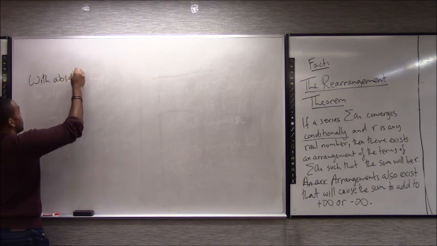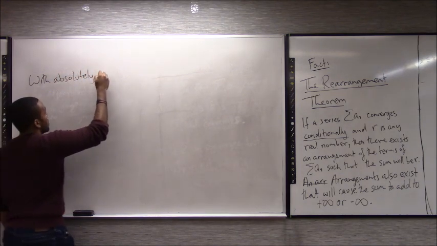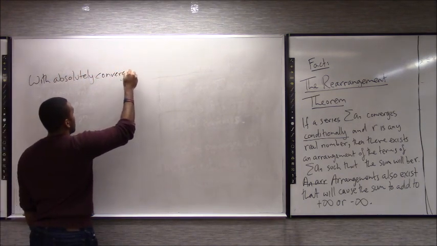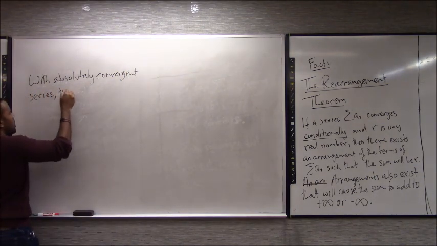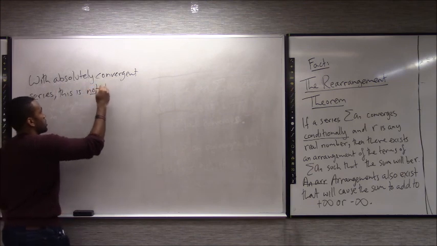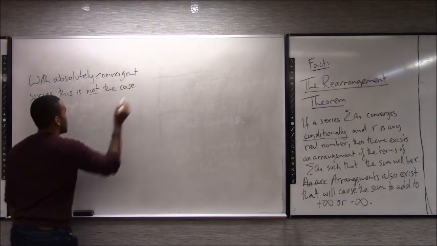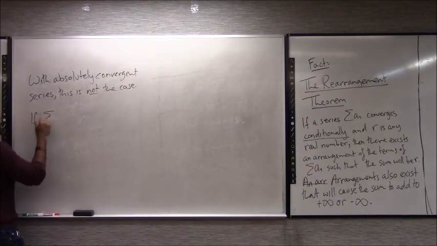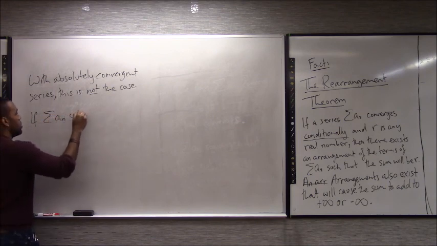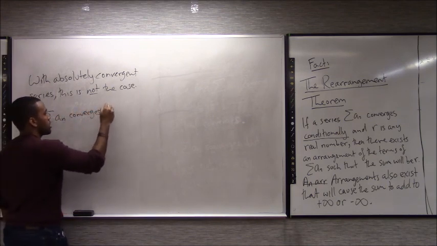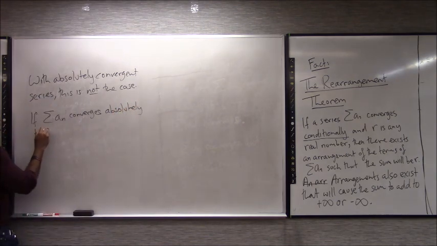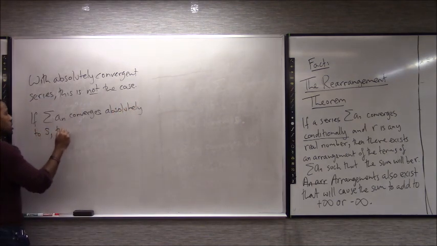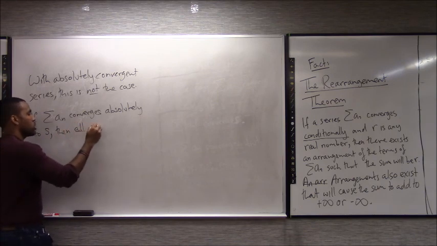With absolutely convergent series, this is not the case. If AN converges absolutely to S, then all rearrangements will converge to S.